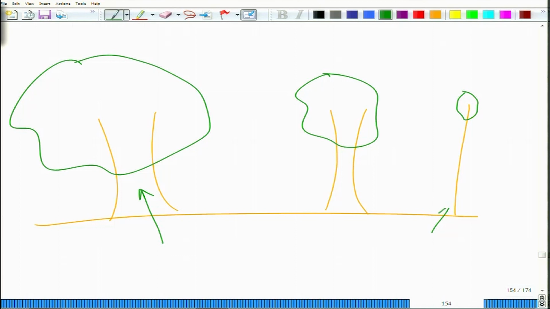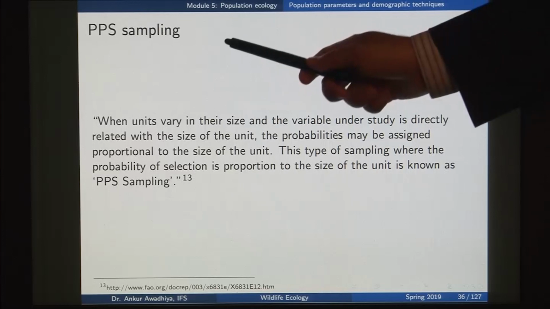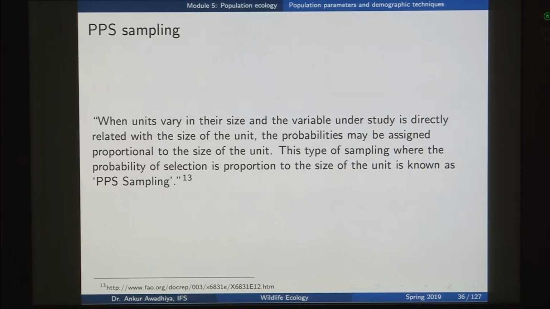But if you missed out the small tree, your estimate of the actual population parameter would not be very off. So, in this case we need to ensure that the larger the tree, the more should be its probability of getting incorporated as part of the sample. When you go for such a method, it is known as probability proportional to size. So, the probability that a unit becomes a part of the sample is proportional to the size of that unit. So, that is PPS sampling.